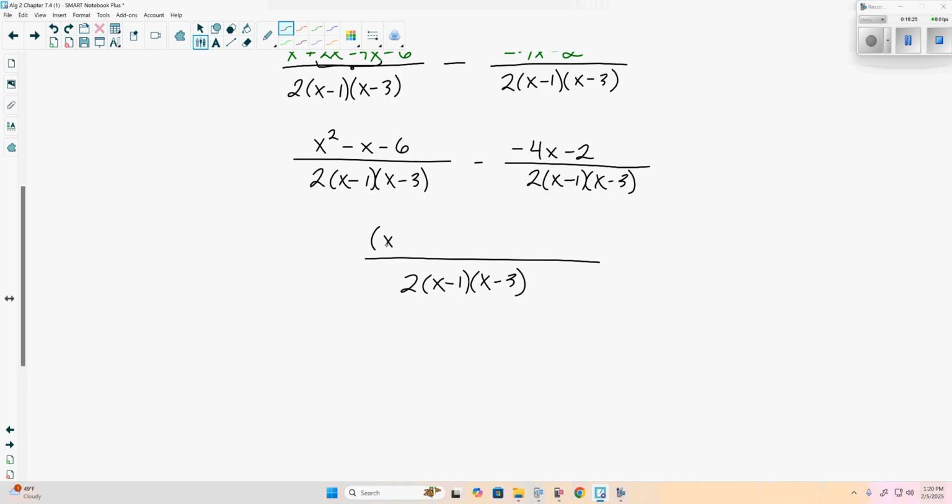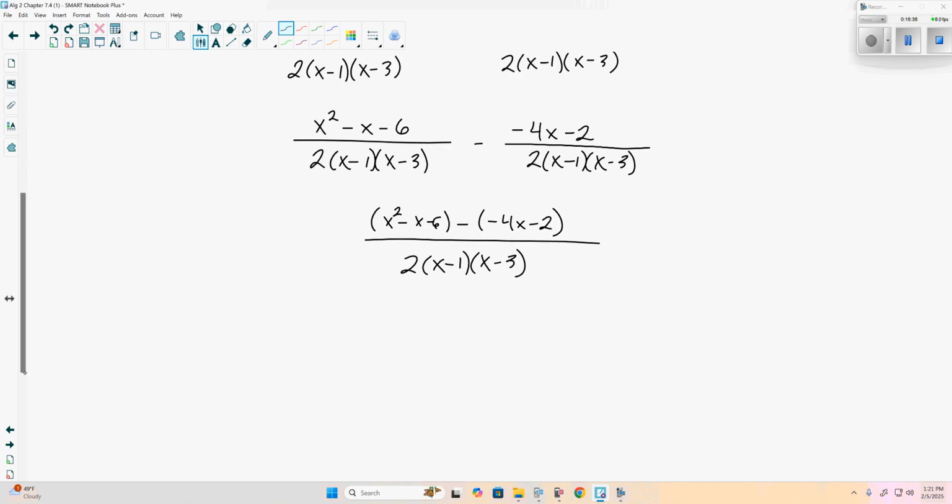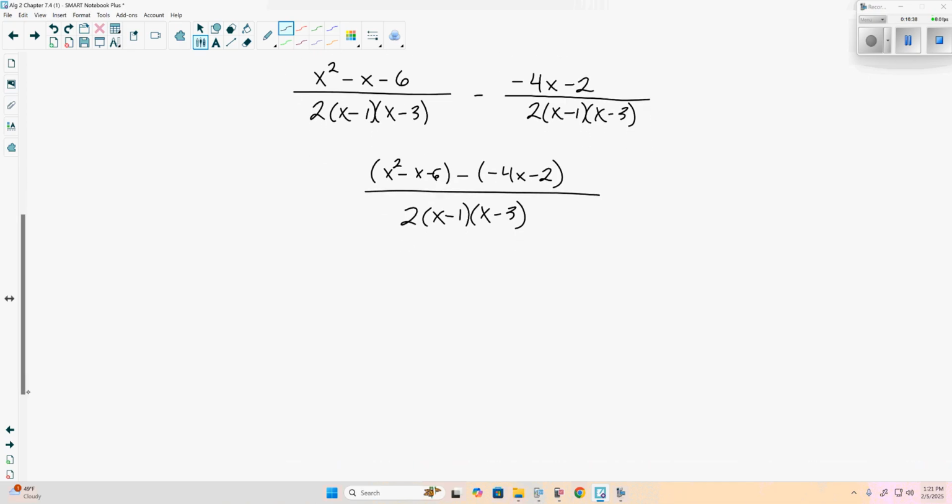So since we have the denominators the same and our numerators are simplified as far as we can without factoring, we can go on and subtract the two numerators. Now with addition, it wasn't too big of a concern with our parentheses.